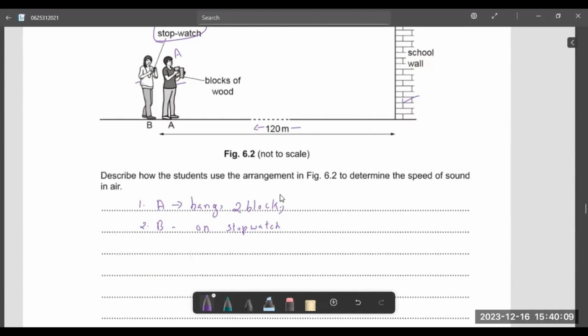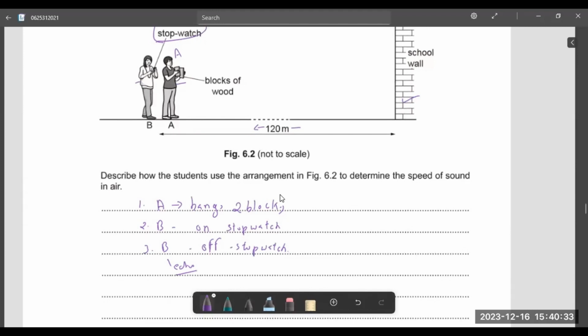After some time, B should stop the stopwatch when she hears the echo.